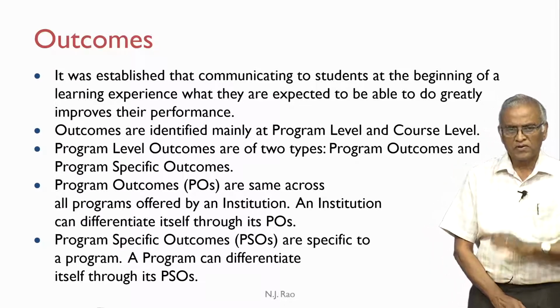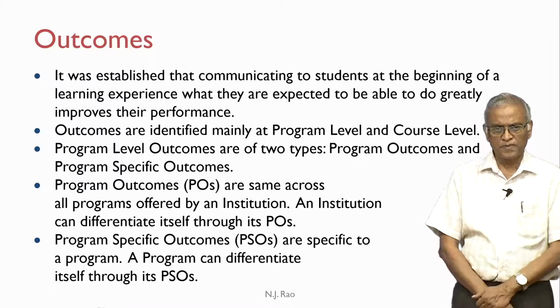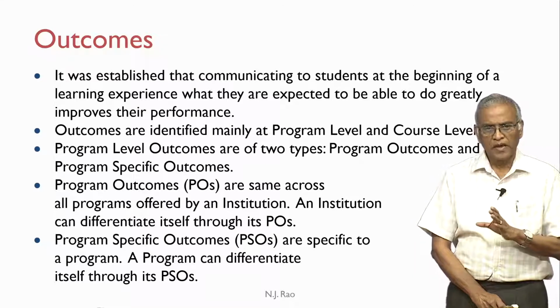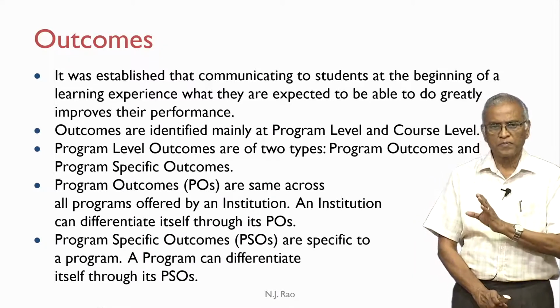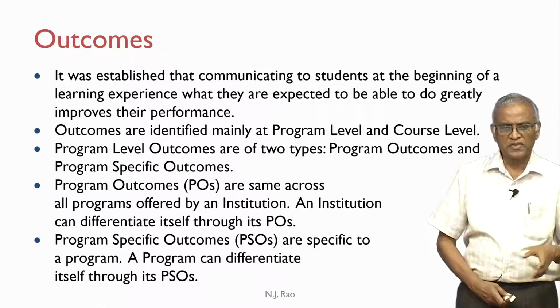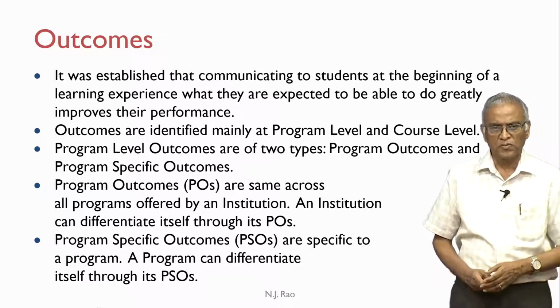And program level outcomes are of two types: program outcomes and program specific outcomes. Program outcomes are the same across all programs offered by an institution, whether they are physics, chemistry, music, dance, literature, philosophy, anything that you talk about.